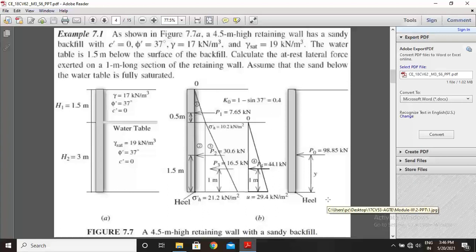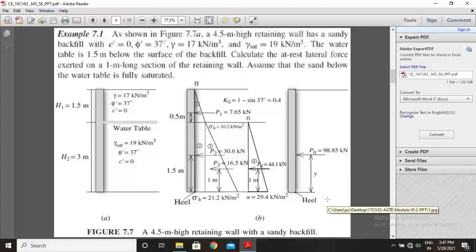The water table is 1.5 meter below the surface of the backfill. Calculate the at rest lateral force exerted on a 1 meter long section of the retaining wall. Assume that the sand below the water table is fully saturated.